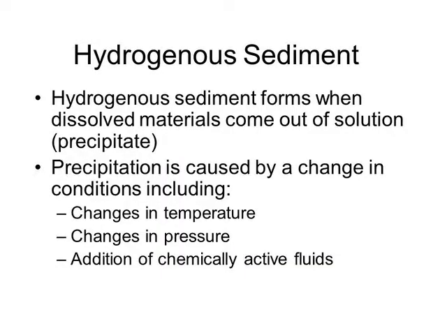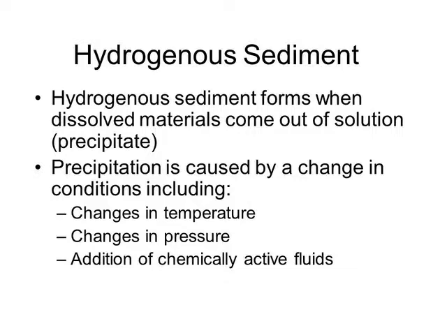Okay, so that was biogenic ooze. So let's talk about hydrogenic sediment now. Hydrogenic sediment is particles that have been dissolved into the water, but now have precipitated out of the water.